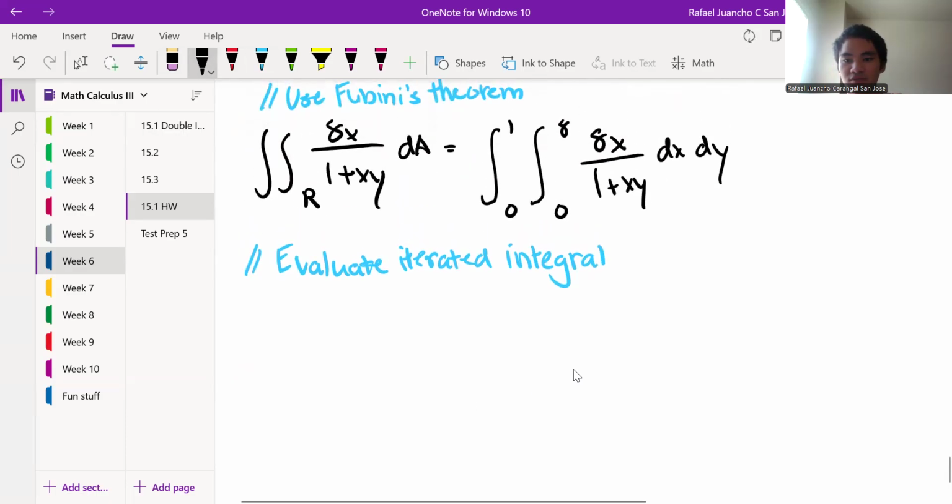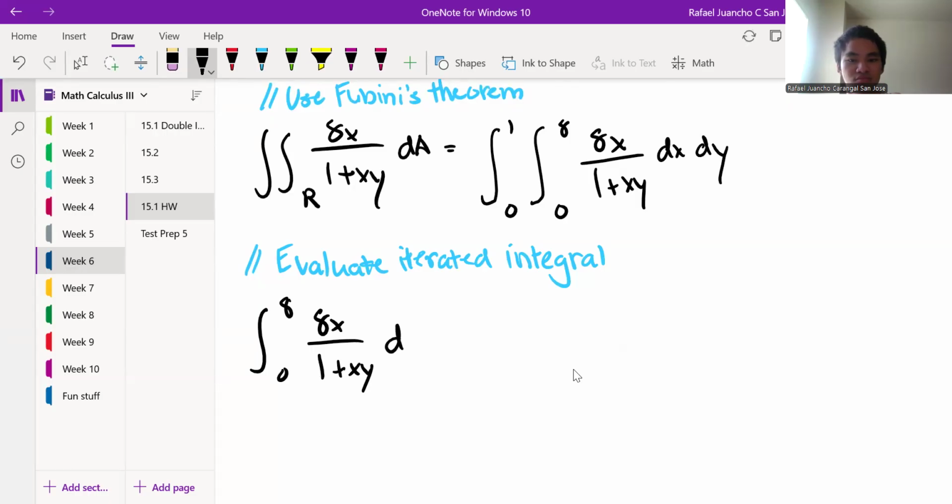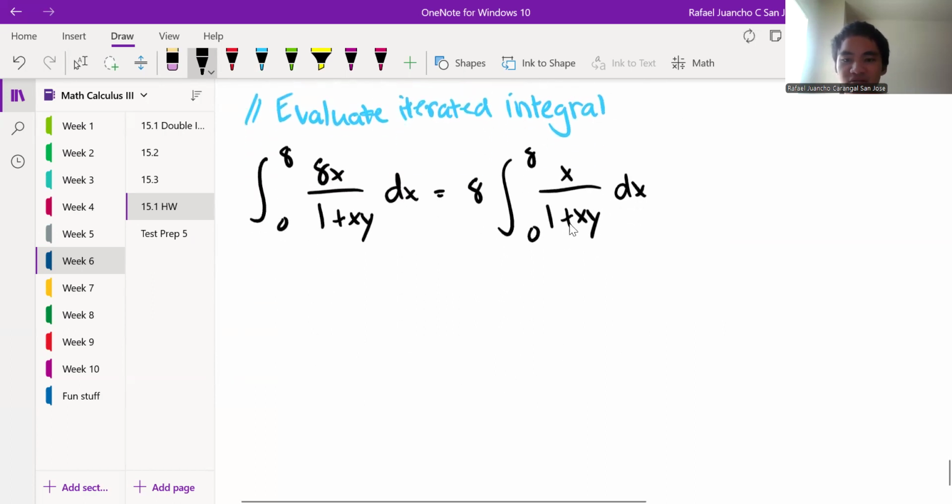Okay, what do we notice? Let's evaluate this thing first with respect to x. What can we see? We can take out the 8, right? Let's take out the 8. So it's one of these step-by-step things that we have to do to make our lives easier.